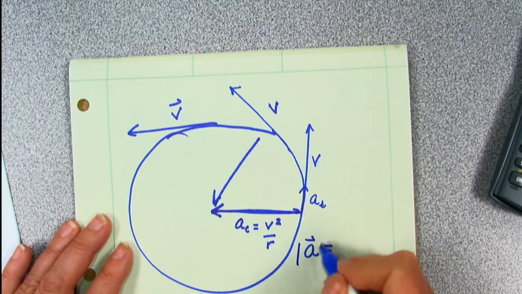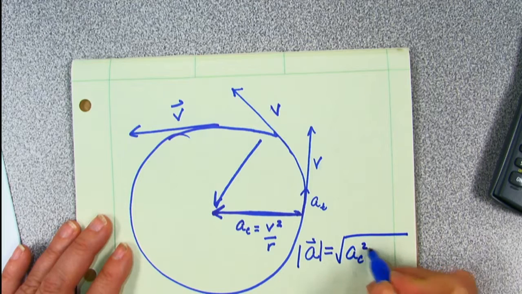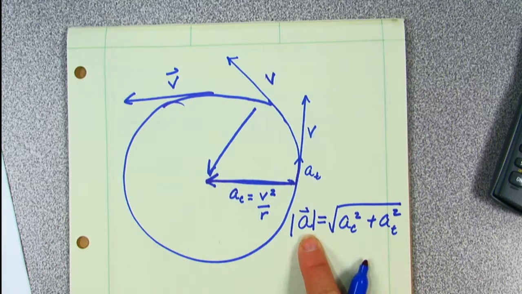The magnitude of that actual acceleration is going to be my centripetal acceleration squared plus my tangential acceleration squared, to give me the overall acceleration that my particle or my person or my car is going to experience.